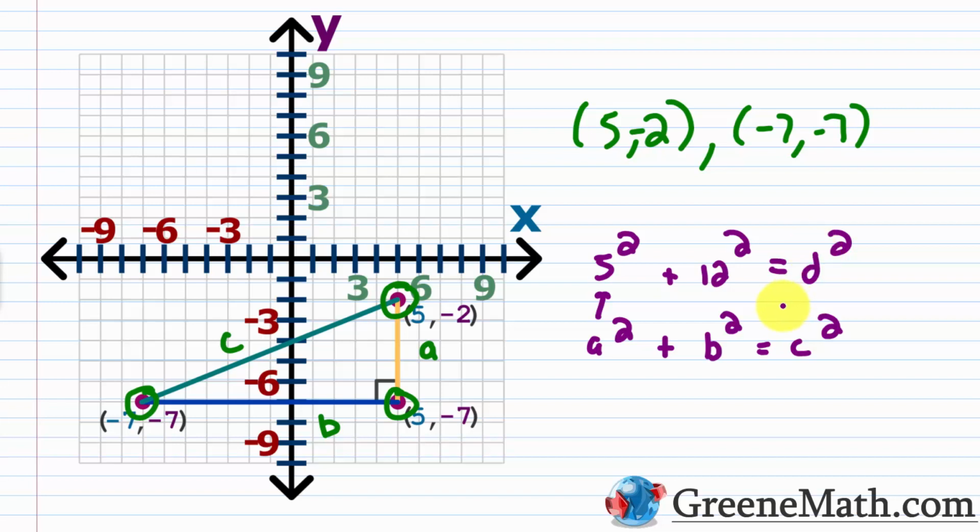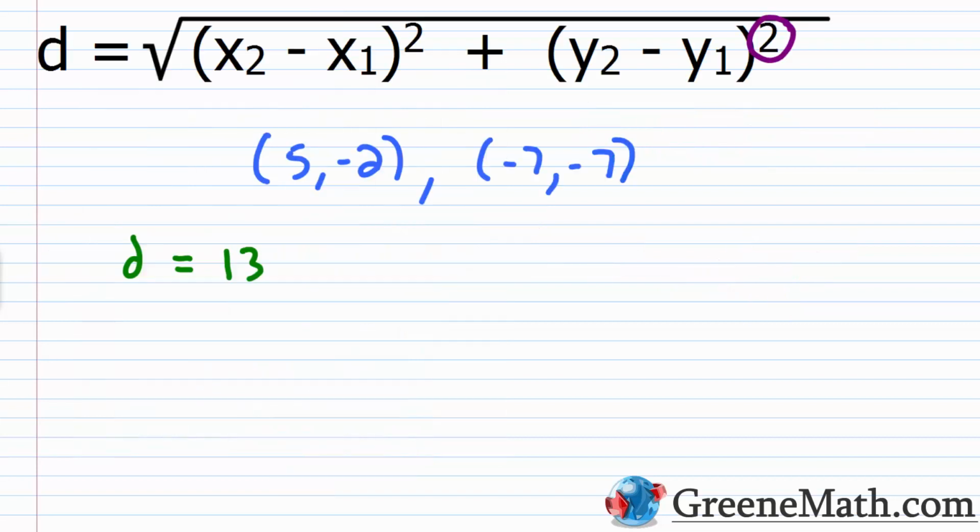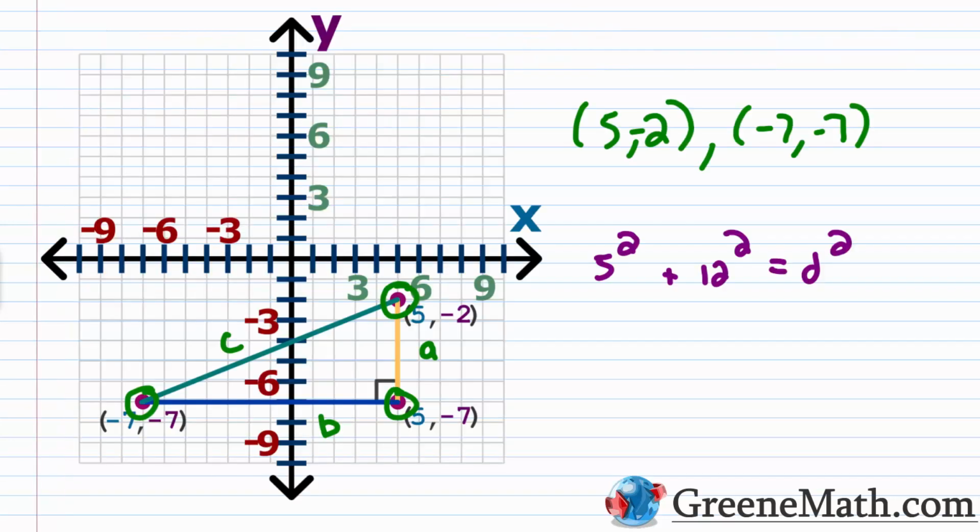So if I have D squared equals 5 squared plus 12 squared, how do I solve for D? Well, at this point, I could just take the square root of each side, right? I know I can simplify this further, but all I'm doing up here, if I go back to my formula, once I have this, I can just take the square root of each side, and I've solved for D. Okay, let me go back down, make that crystal clear.